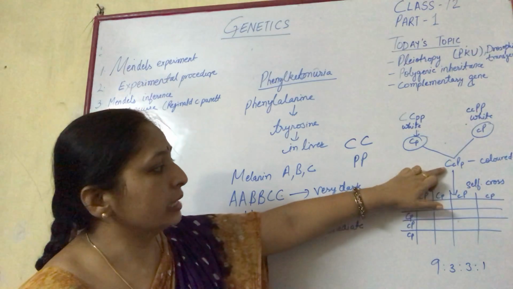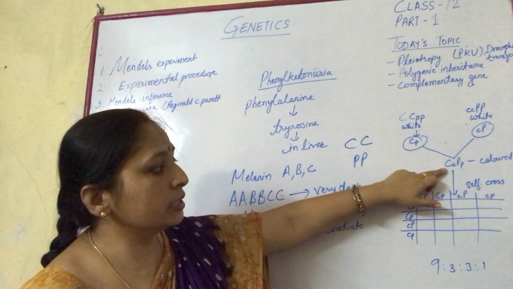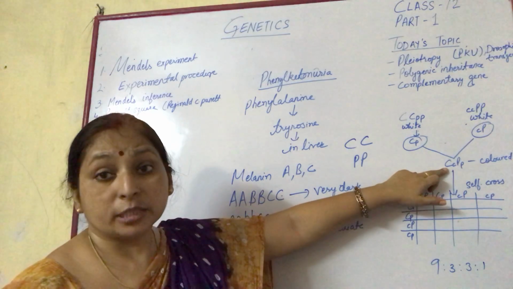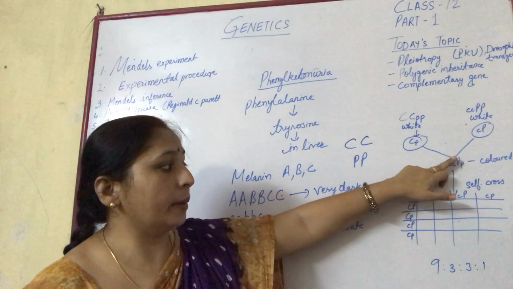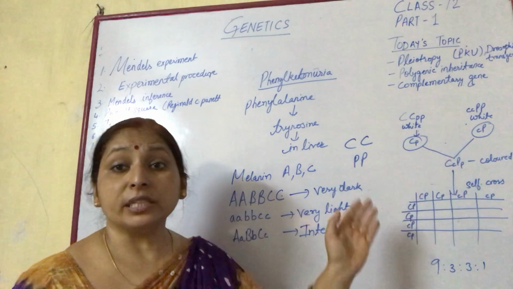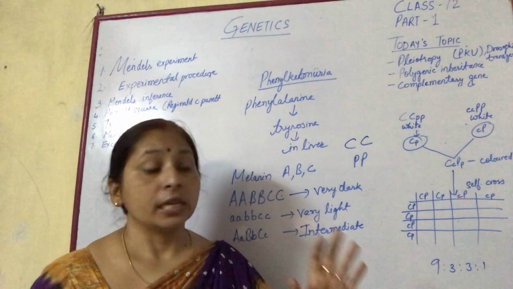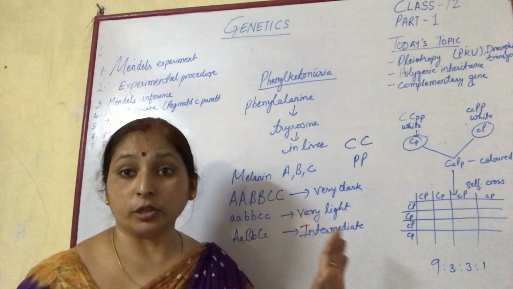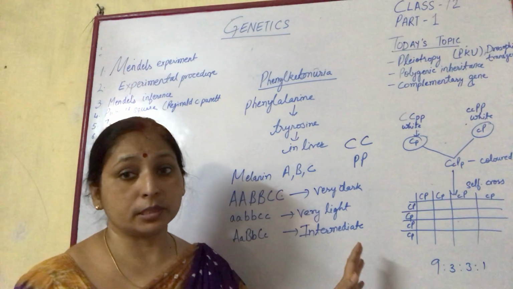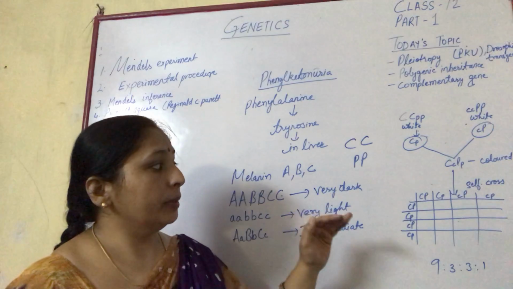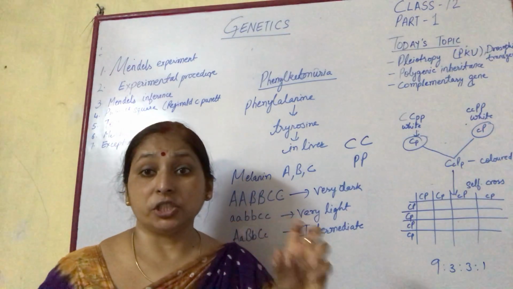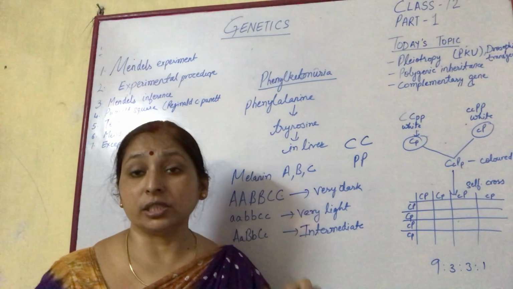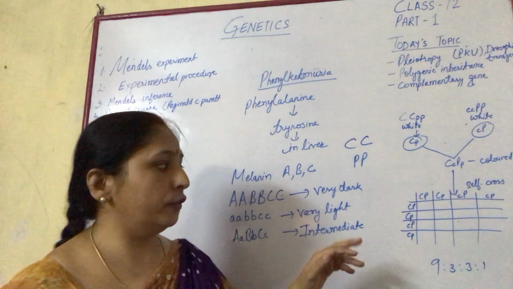In this, as you can see, in the first filial generation, the genotype is capital C, small c, capital P, small p, which gives a colored flower. This is in the case of Lathyrus odoratus, a species of pea. So in the pea plant Lathyrus odoratus, if the genes are present in a heterozygous condition, the expression is a colored flower.